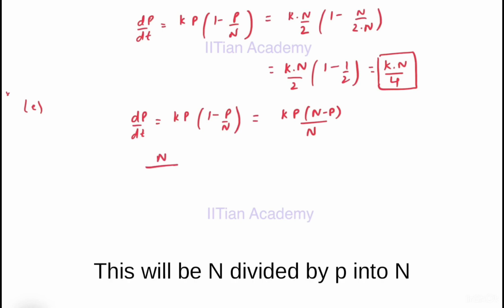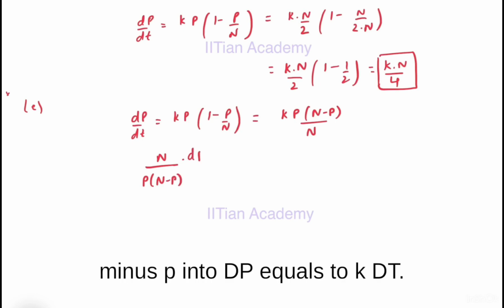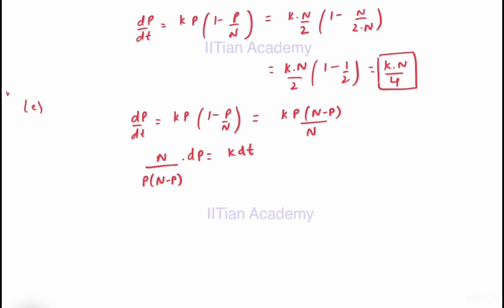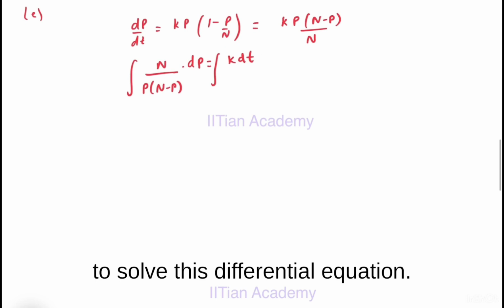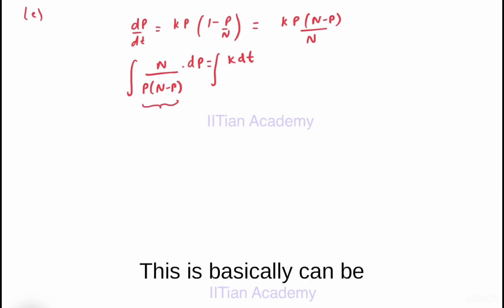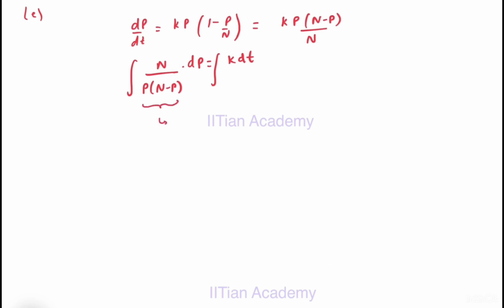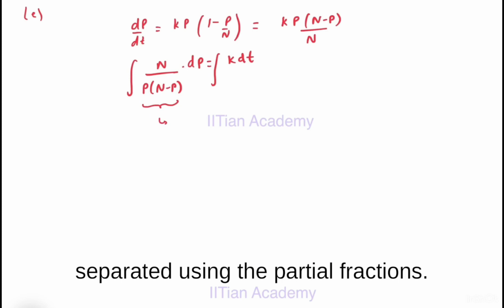This will be n divided by p into n minus p into dp equals k dt. Now you can integrate this to solve this differential equation. This can be separated using partial fractions.